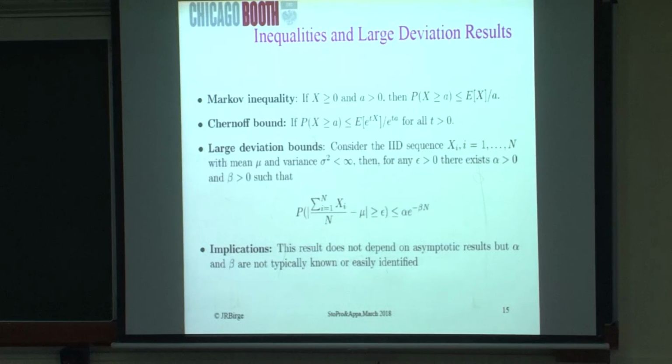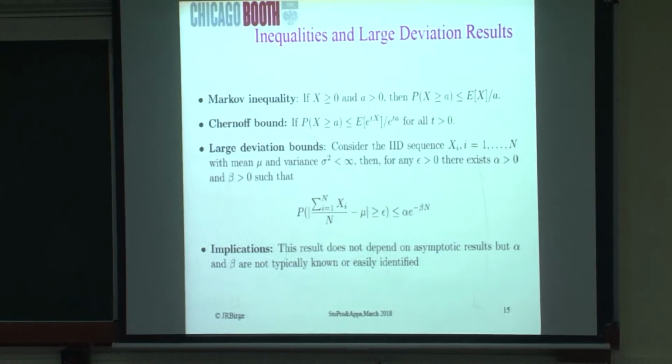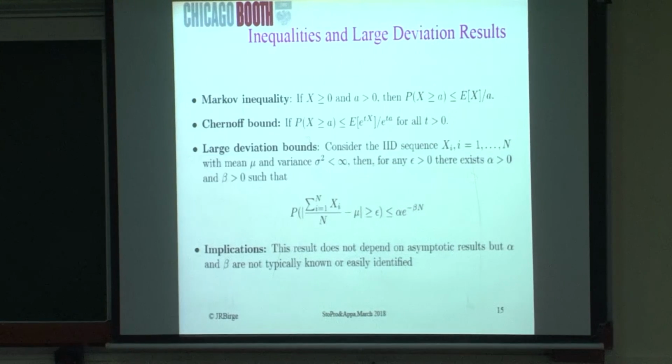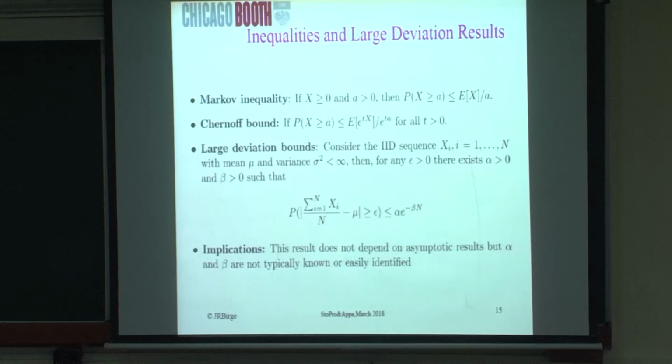Okay. Now, what I wanted to mention are some results that don't require asymptotics. So these are mostly large deviation kinds of results. These are results that apply very, very generally.